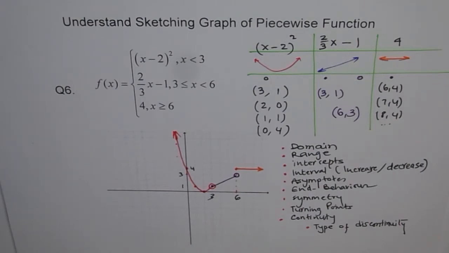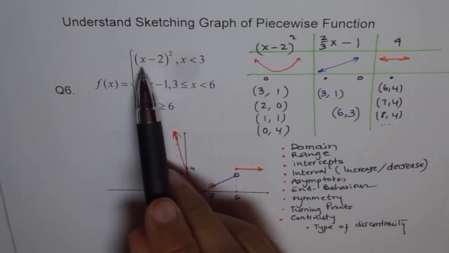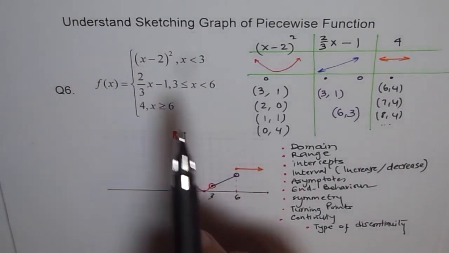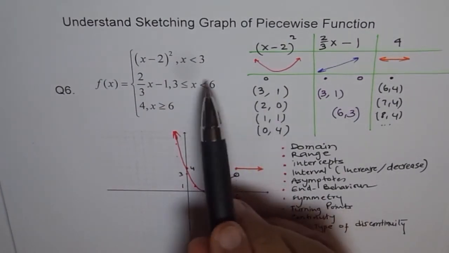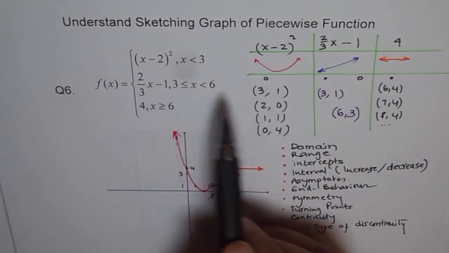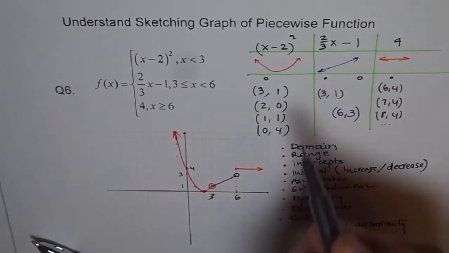So look into that. Algebraically, how will you prove that this is continuous here at 3? What you can do is plug in 3 here. When you do that, at 3 you get a point 3 and 1, and 2 here also. At 3 you again get 3 and 1. Do you see same points?